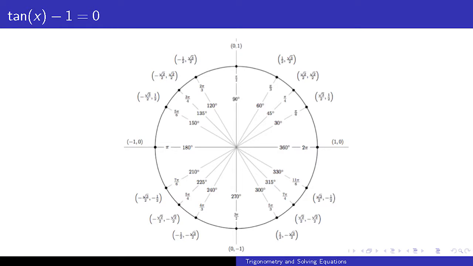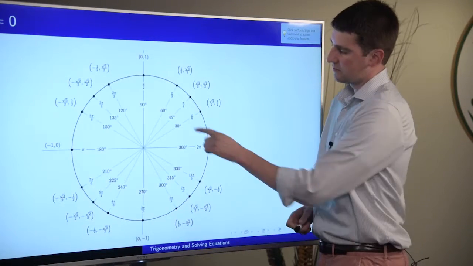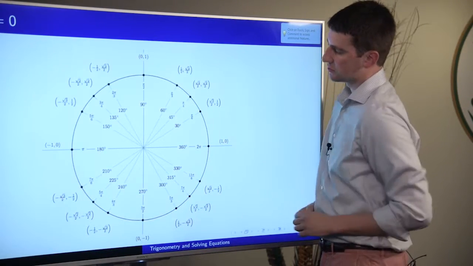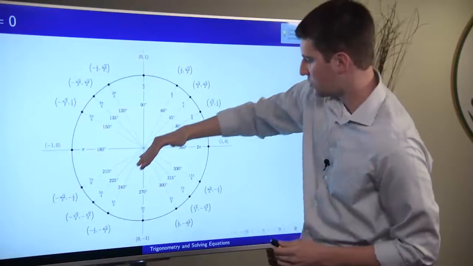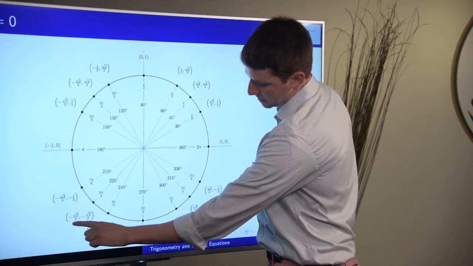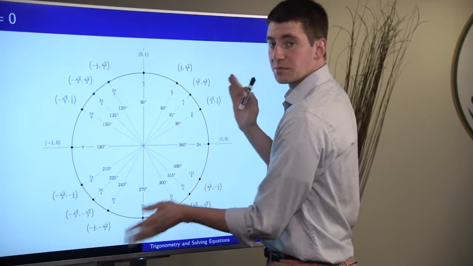And if we look at the actual values, we see that cosine of pi over 4 is equal to the square root of 2 over 2, and sine of pi over 4 is equal to square root of 2 over 2. Likewise, if we follow this downward, we see that cosine is equal to negative square root of 2 over 2, and sine is equal to negative square root of 2 over 2. So these are our only possible solutions.